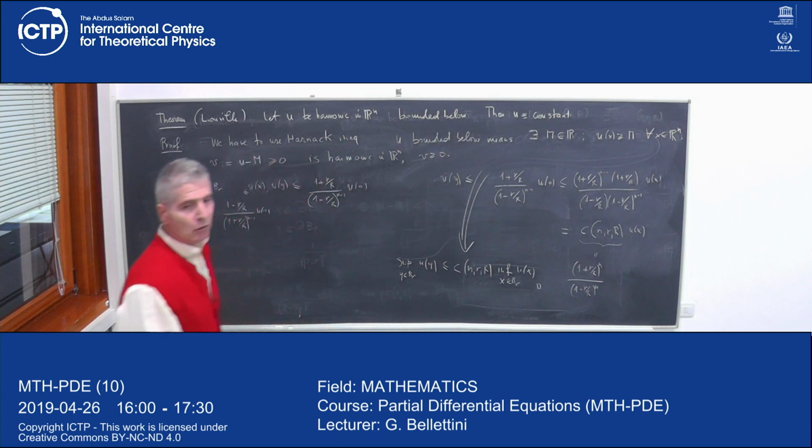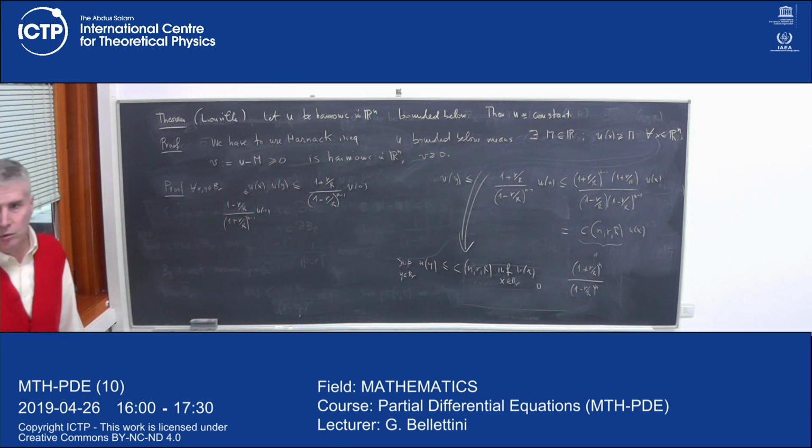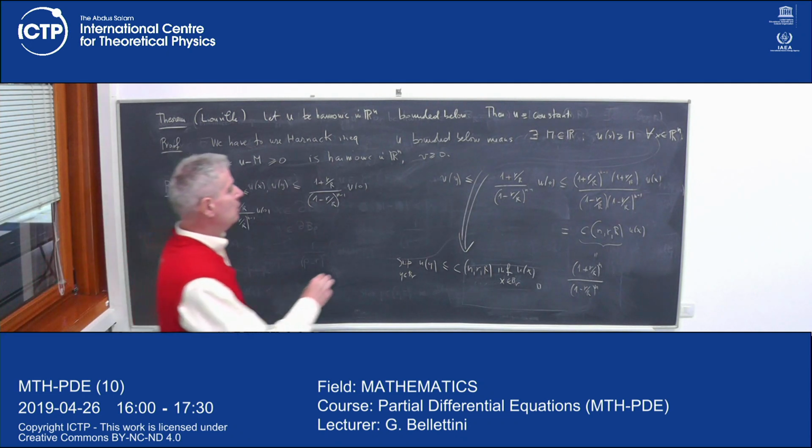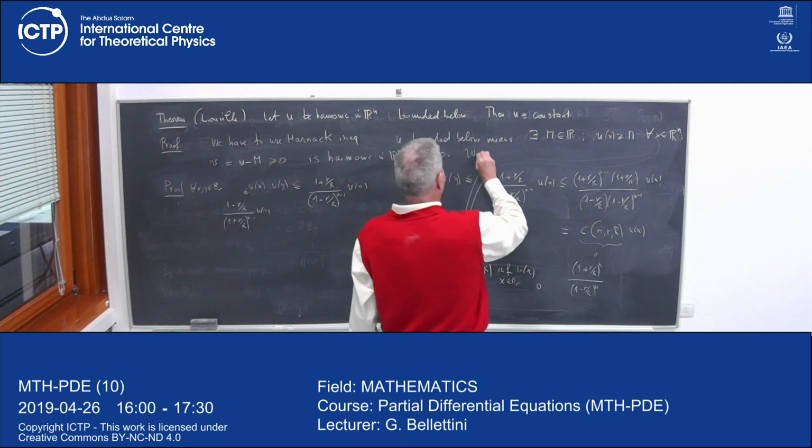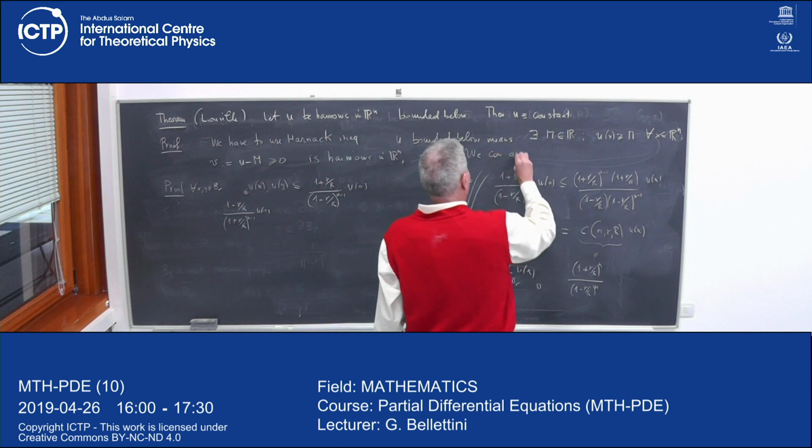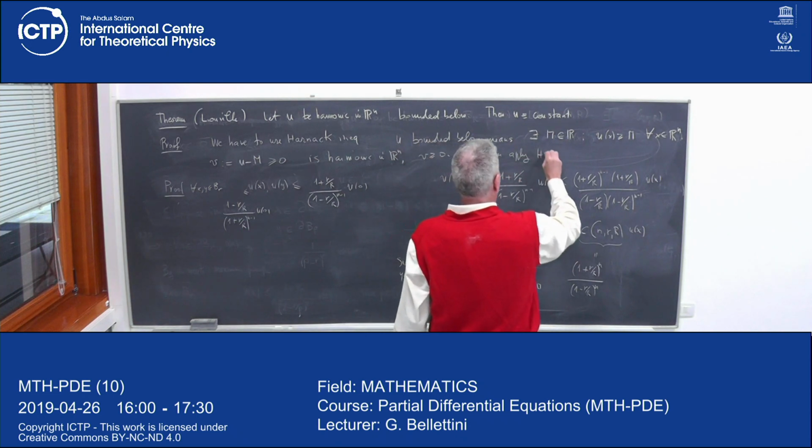So we want to apply Harnack to v. In other words, we can reduce ourselves to suppose that u is larger or equal than 0. Okay? Now we can apply Harnack to v.